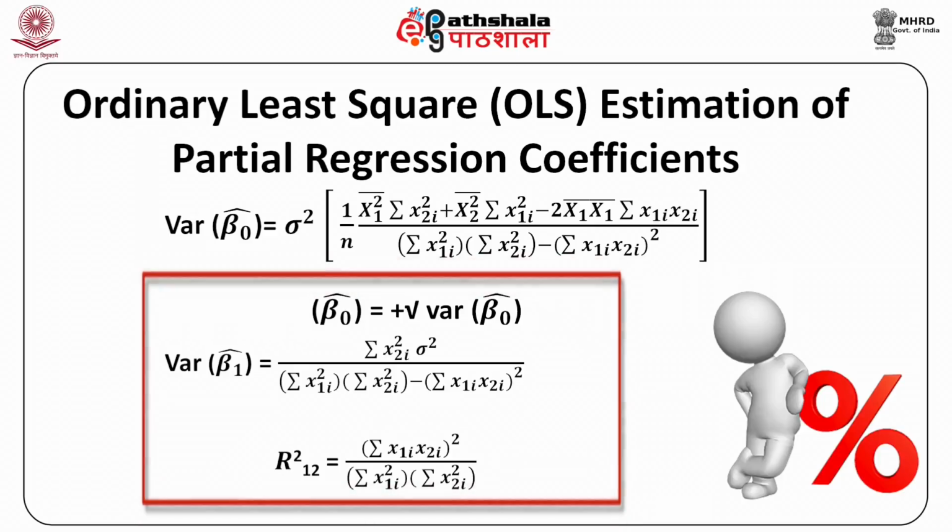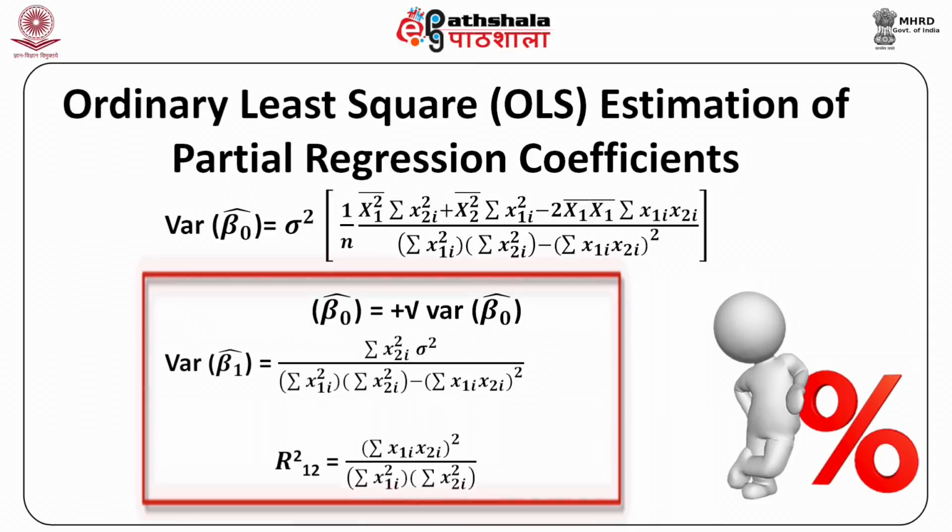Variance of beta hat 1 is equal to summation x squared 2i sigma squared divided by summation x squared 1i into summation x squared 2i minus summation x1i x2i the whole squared.